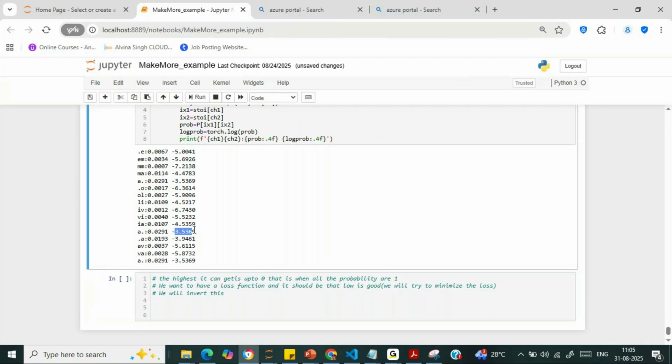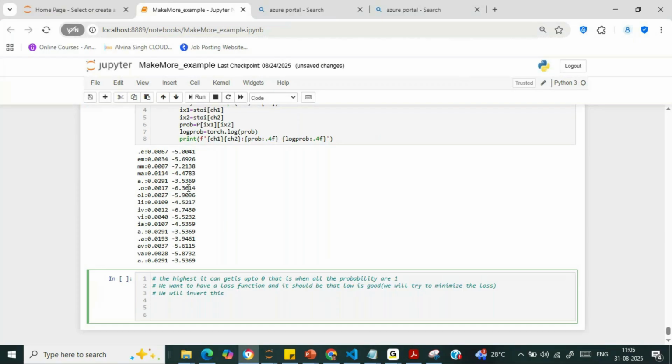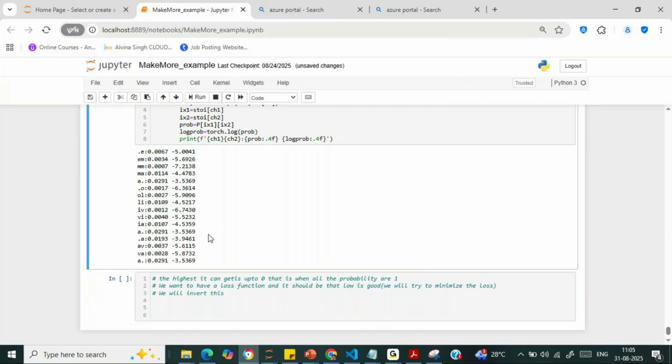So more towards 0, the model is performing good. Okay, and if you want to have a loss function, it should be that low is good. So if it is towards the lower side, that means it is good, and we are trying to minimize the loss.